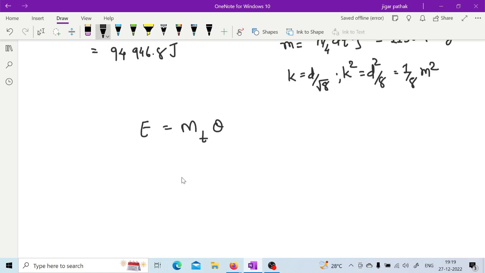You need to calculate theta first in order to have an idea about the torque. So theta is actually (omega 1 plus omega 2) by 2, into this time. With this you can calculate theta. Omega 2 is 0, omega 1 you have already calculated.